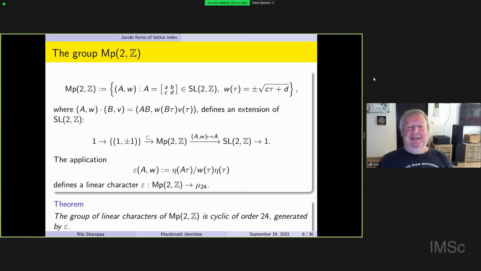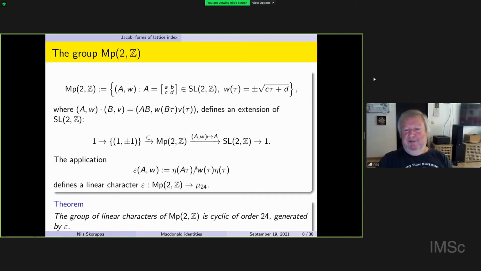One notation I need here, namely, I just need a linear character of this group Mp2(Z), so a homomorphism to C star. And that is the following. I take the Dedekind eta function at A tau and divide by W(tau), W being the square root that you see here, times eta of tau.